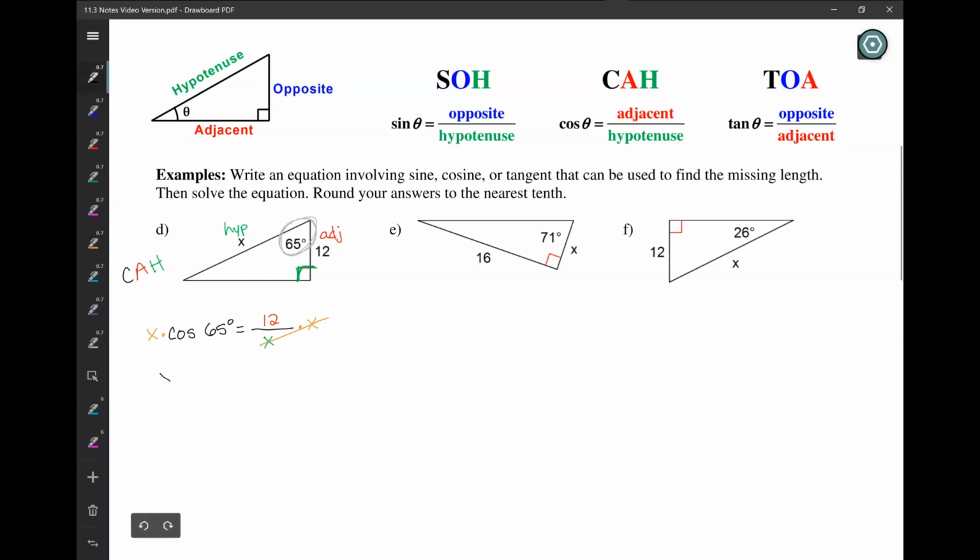So that gives us x times the cosine of 65 degrees equals 12. And then you can get x by itself. You're multiplying right here. So to get x by itself, you divide by cosine of 65 degrees.